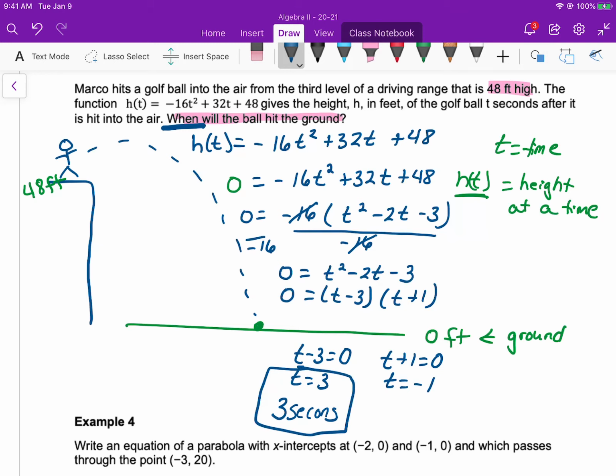If I look at my other answer, it's negative 1. That would be a solution to the quadratic, but it doesn't really make sense for this problem because we can't have the golf ball hitting the ground at negative 1 seconds. So although it is an answer for t in the function, it doesn't make sense for the problem.